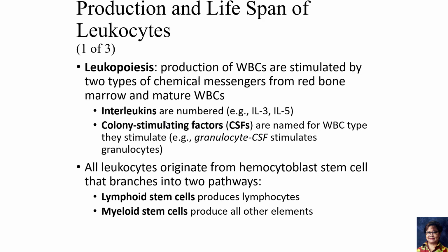Okay, so all leukocytes originate from the great great grandmother, but they branch into two pathways. First pathway is called the lymphoid stem cell pathway. They produce lymphocytes. And the second one is your myeloid stem cell. They produce the rest of them, all other four.